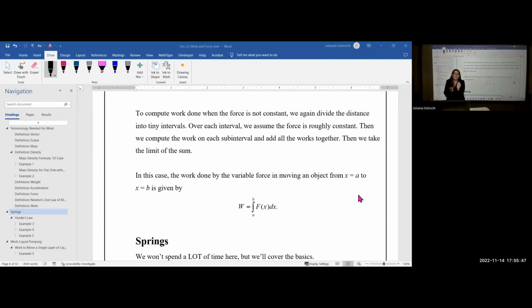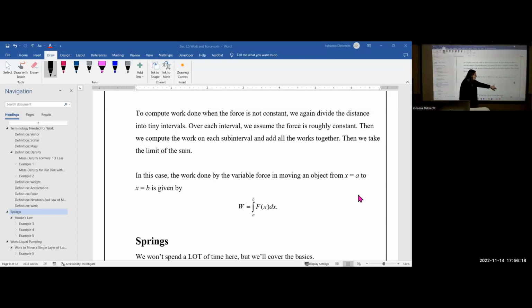And then we can find the work for each little partition, then we add them all together, take the limit as the number of partitions goes to infinity, limit of a Riemann sum, and of course we get the definite integral. So here it is right here. So again, we're taking this distance through which it was moved, and we're dividing it into tiny little pieces, each little delta x. And of course, delta x and dx are the same, not delta y and dy, don't go there.